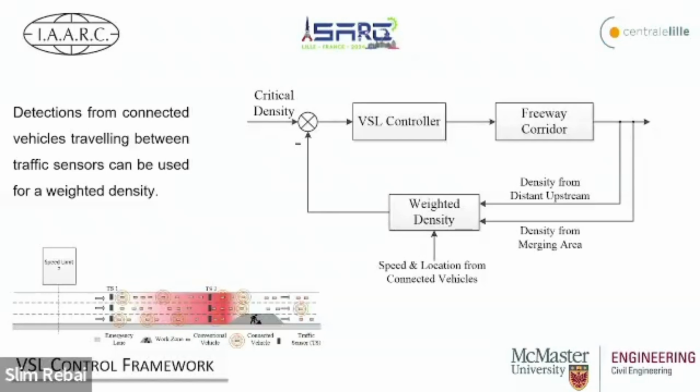And then the error between the critical density and the weighted density will be fed into the VSL controller to generate the dynamic speed limits and again influence the traffic on the freeway corridor.